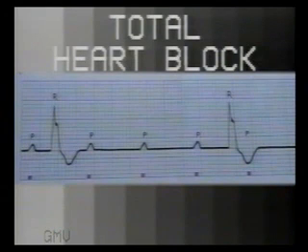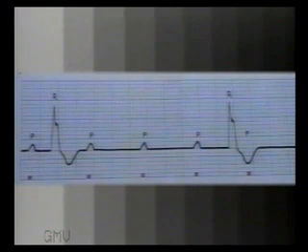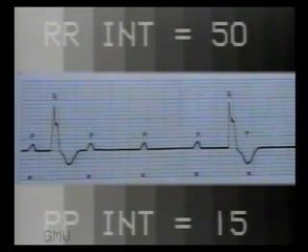We must also remember that the RR interval actually measures the ventricular rate. In total heart block, where P waves do not correspond with the QRS complexes, the atrial rate should be calculated separately by measuring the number of small squares between two P waves and dividing 1500 by this number.